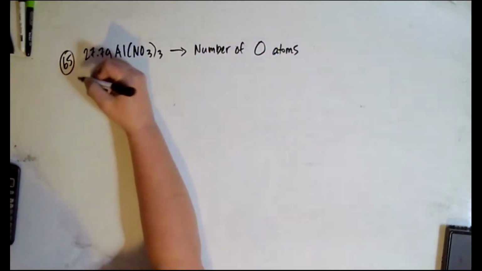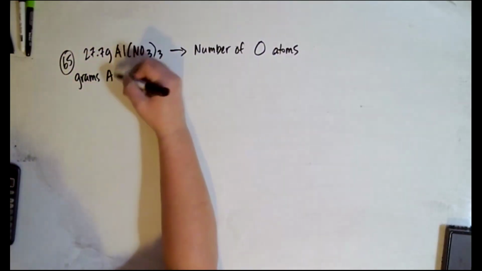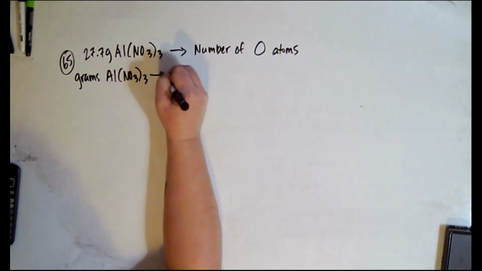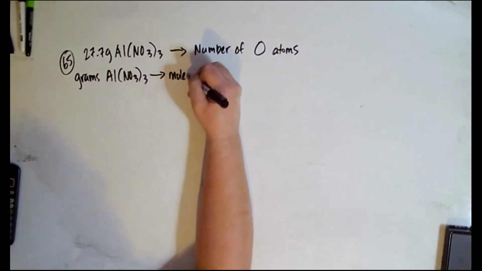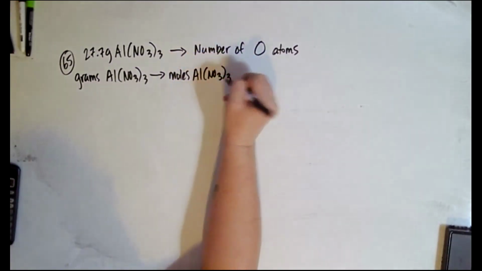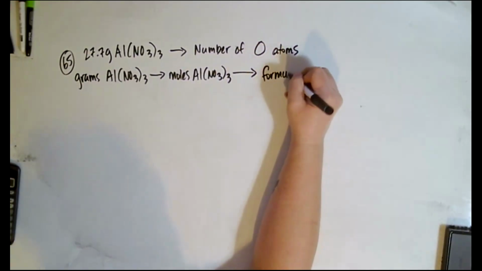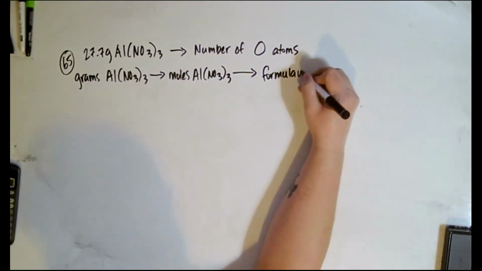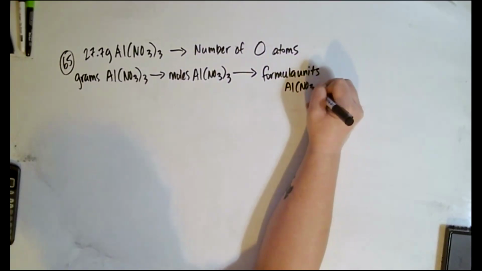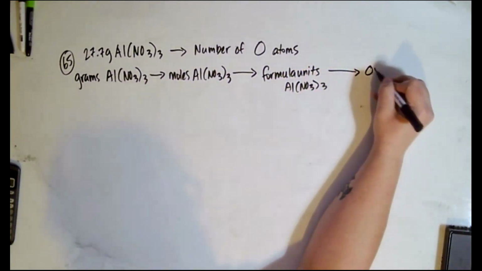Okay, so we're going to have to go from grams of aluminum nitrate to moles of aluminum nitrate into formula units of aluminum nitrate, because this is an ionic compound. And then from formula units into oxygen atoms.